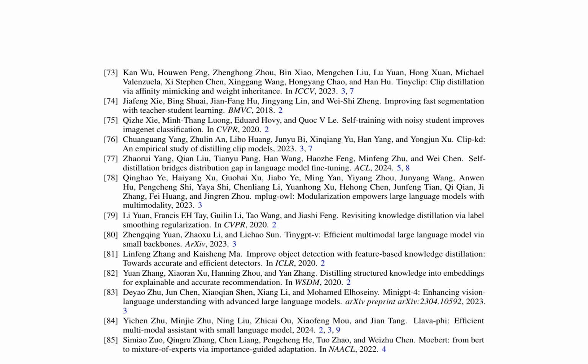This approach has been shown to significantly enhance the performance of fast segmentation models. Additionally, the paper references various studies that have explored different techniques for improving segmentation models, such as self-training with noisy student and teacher-student learning.